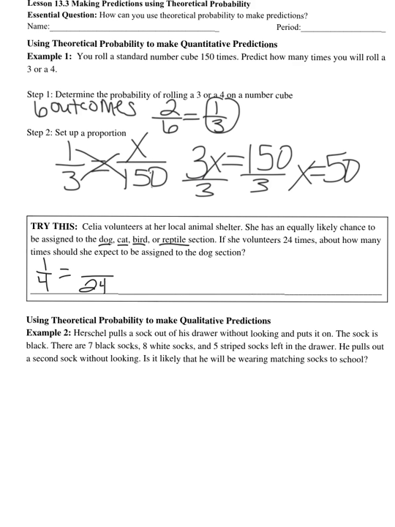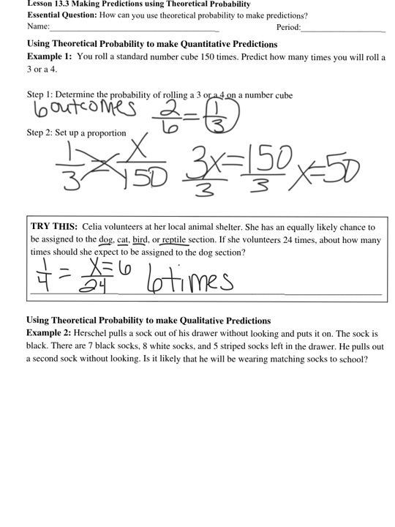So 1/4 is equal to what out of 24? So I can look at this and know, oh, x is equal to 6. Or I can cross multiply and set up an equation just like I did in example 1. So she should expect to be assigned to the dog section 6 times if she were to volunteer 24 times total.